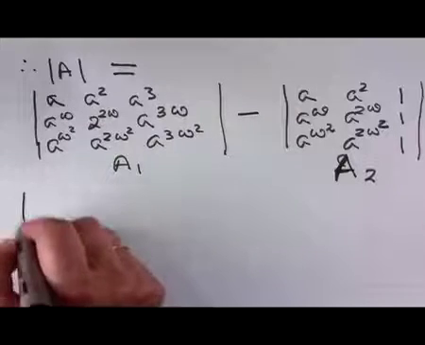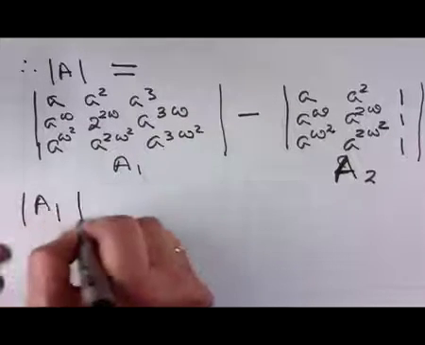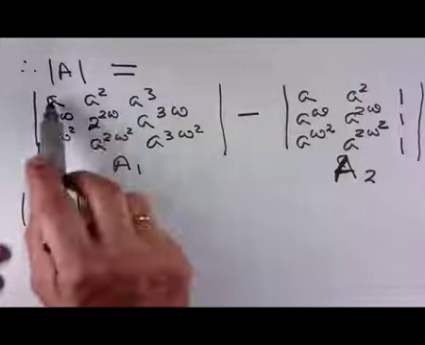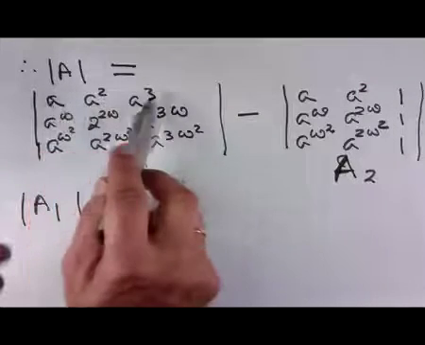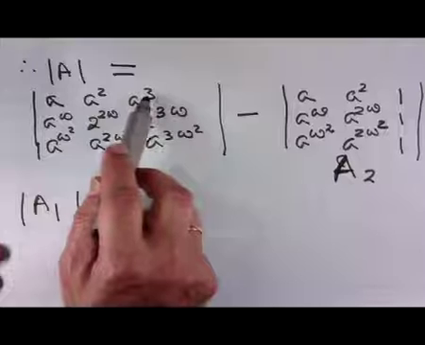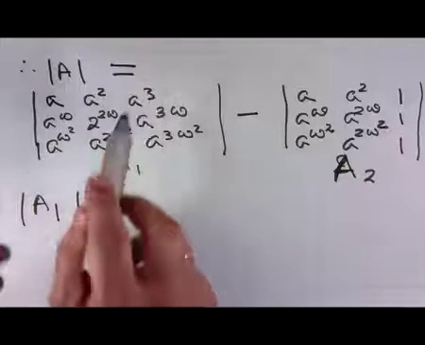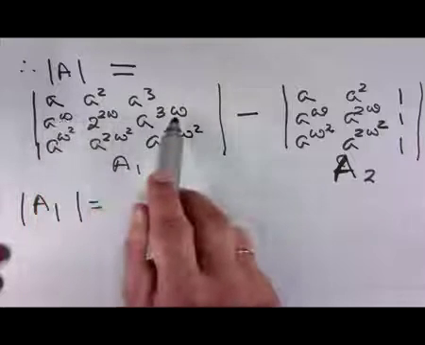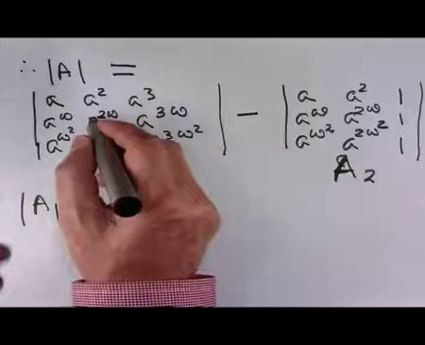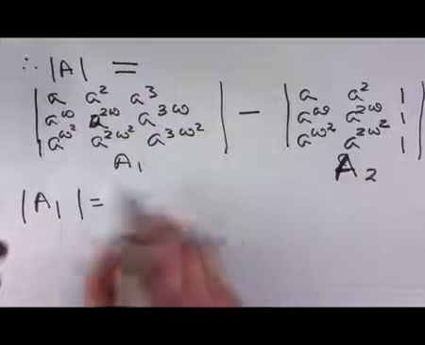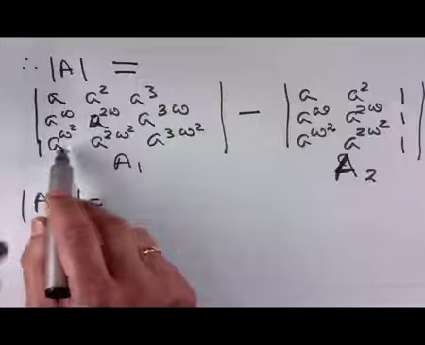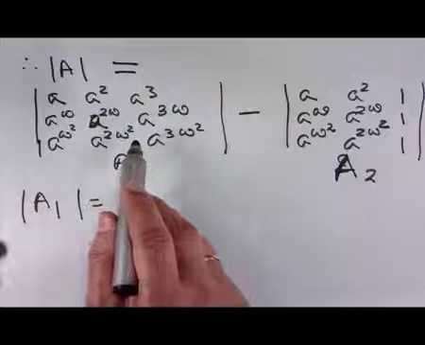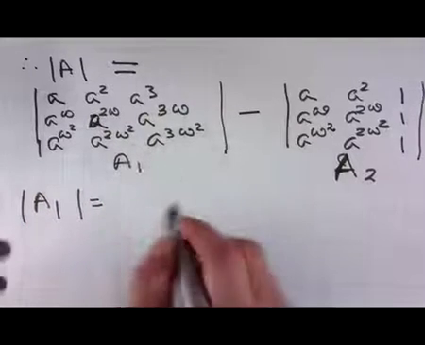Now, the determinant of A 1 is equal to, if we look at it, we can take A common from the first row, we can take A to the power omega common from the second row, and we can take A to the power omega square common from the third row.